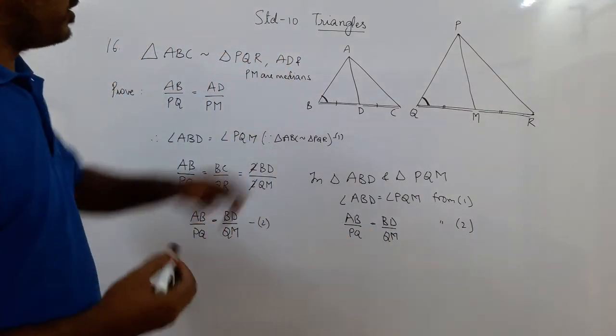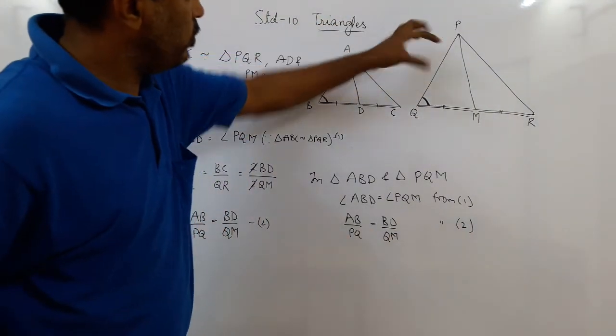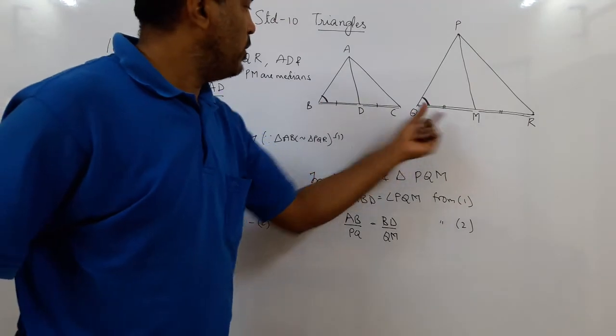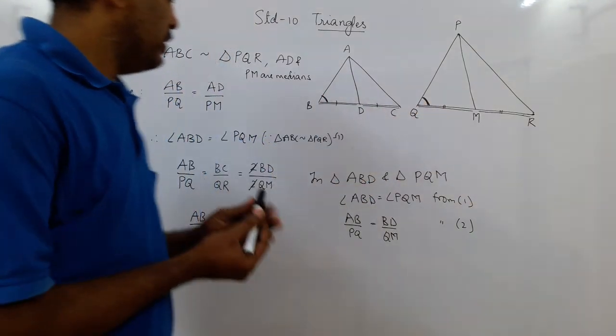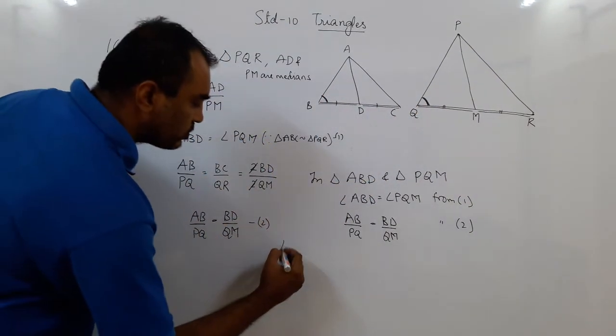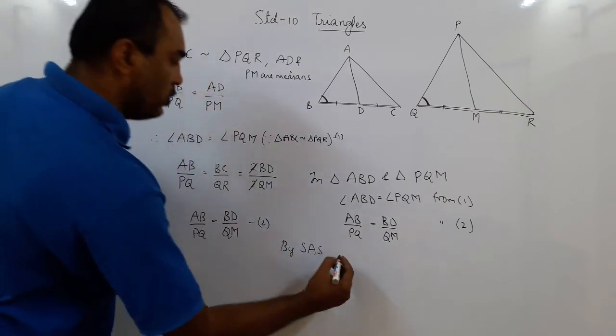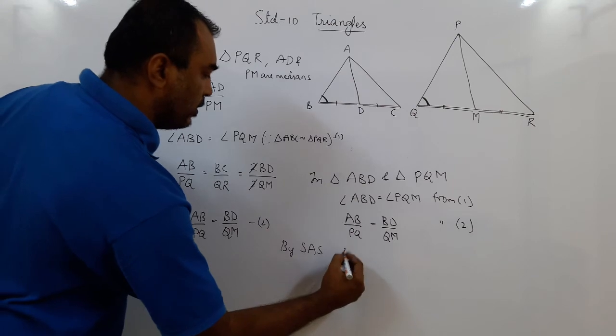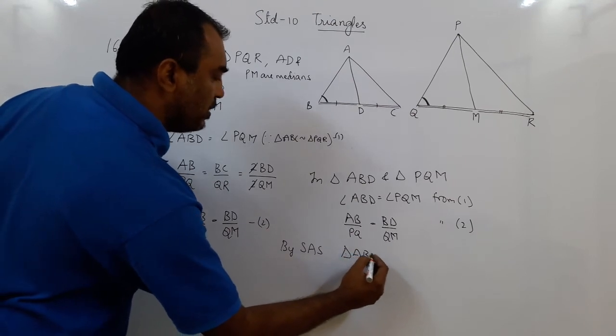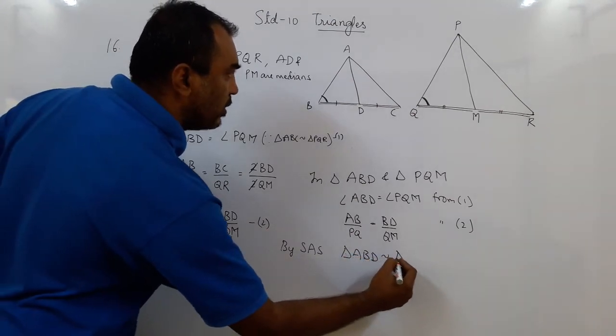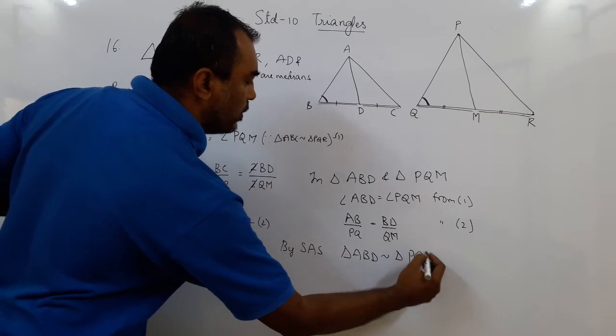So what have we got here? AB upon PQ equal to BD upon QM, and the included angle is equal. So by the SAS similarity criterion, triangle ABD is similar to triangle PQM.